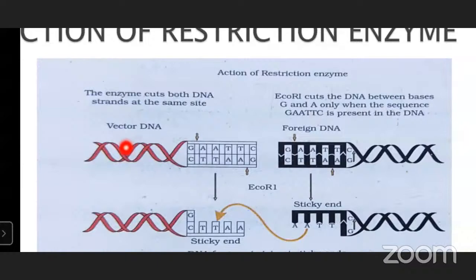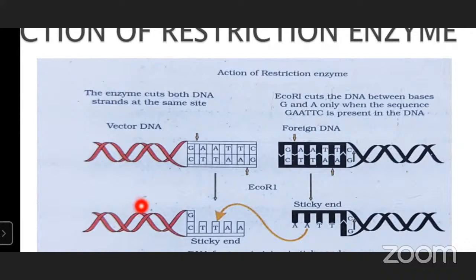Okay, this is the vector DNA. The same enzyme, EcoR1, cuts the vector DNA at the same position, between G and A. So it cuts the vector DNA as well as the foreign DNA.